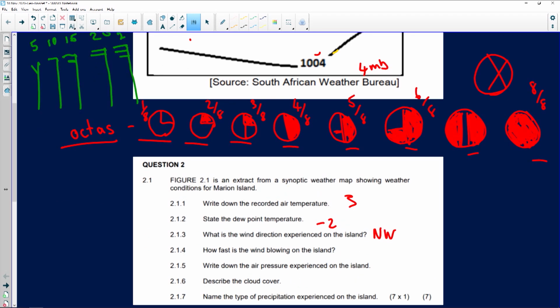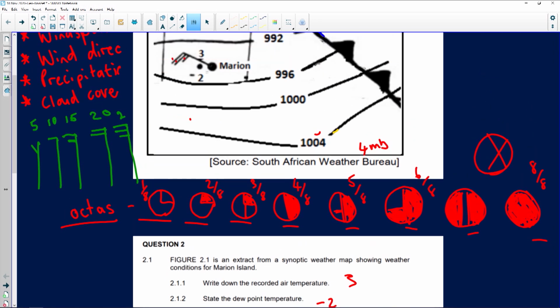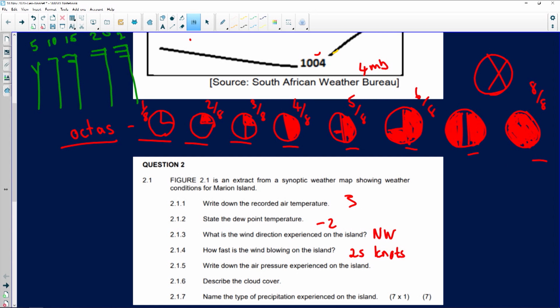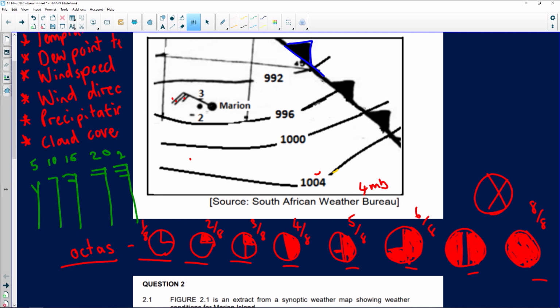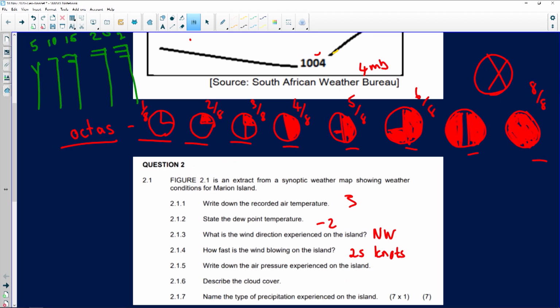So that gives us 25 knots. Then write down the air pressure experienced on the island. Excellent question. As you can see, there's 996, there's 992, it's right in between, so what's going to be the correct one? Probably 994 millibars.